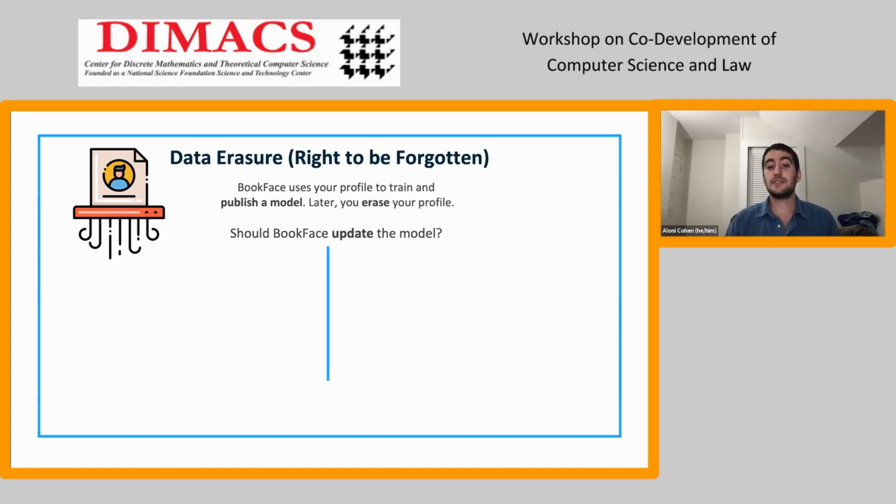Should the company update their published model? There's a lot of recent work on so-called machine unlearning, which gives algorithms for removing the effect of a person's data on a model. But those works answer the question of how to update the model, assuming you want to update it, and don't really wrestle with whether the company should update the model.